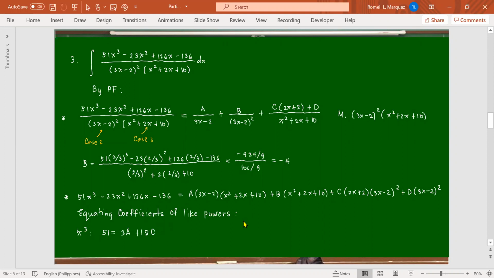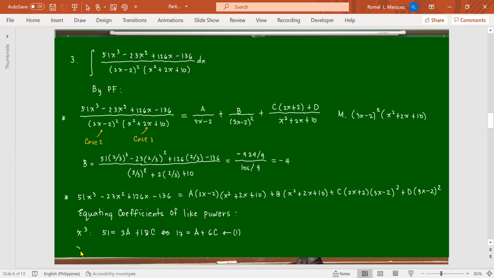And then no more here, no? So this is equivalent to, when divided by 3, 17 equals A plus 6C. Okay, so giving equation number 1.